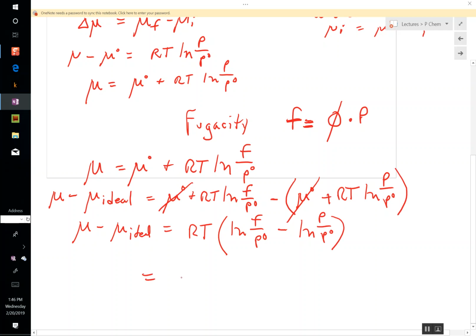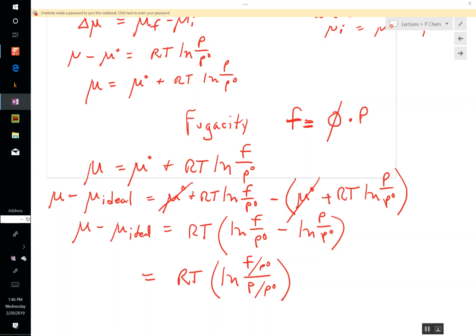That's going to equal RT times the natural log of F divided by P naught over P divided by P naught. Let's see, how can we get that? All right, so we're minus these.